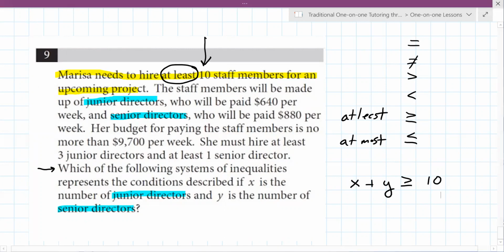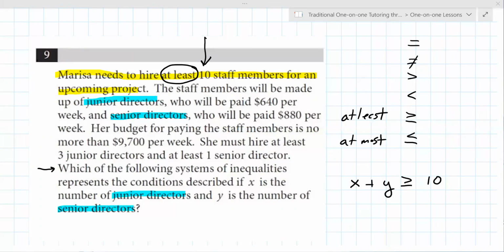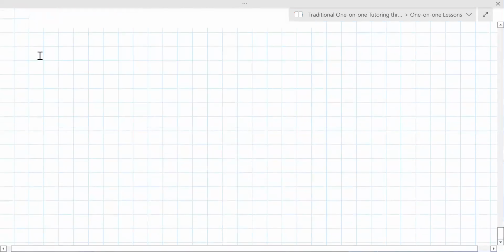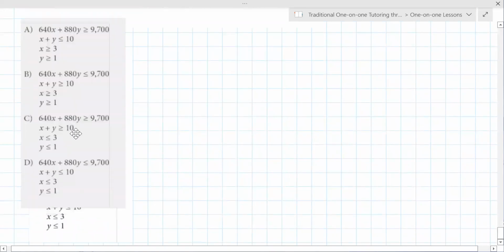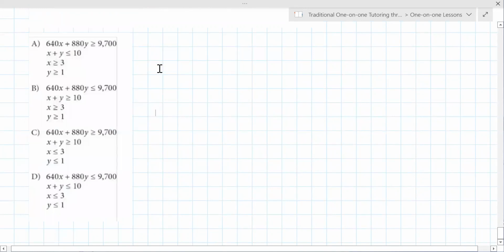Okay, now let's look at the answers. Sometimes it's good to look at the answers right away. This is one where it would be overwhelming to look at them. So I want you to find the answers that have this in there. Which one has that in it? A and C. So B is out.